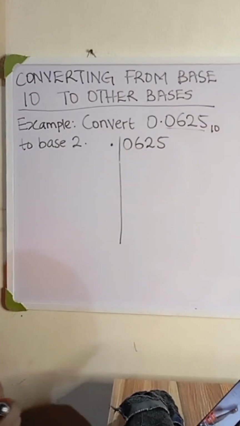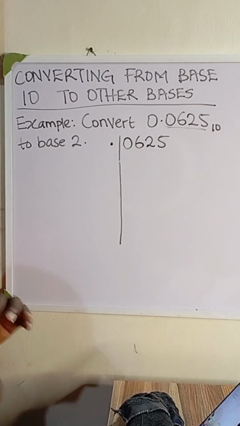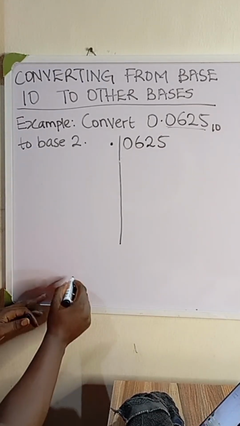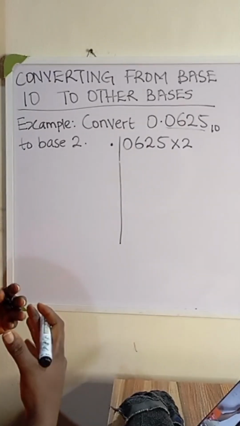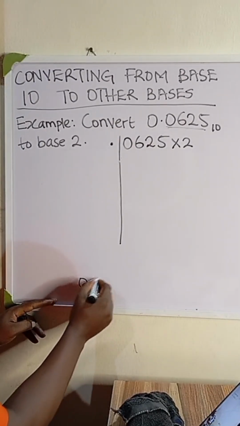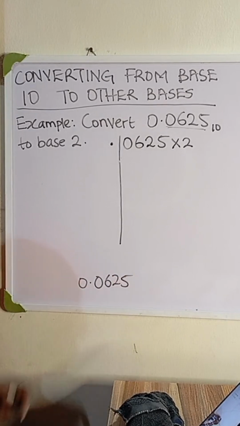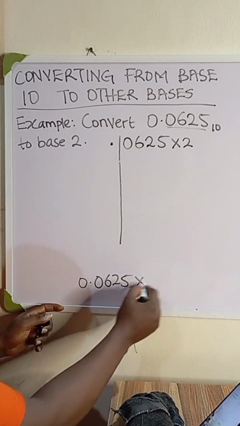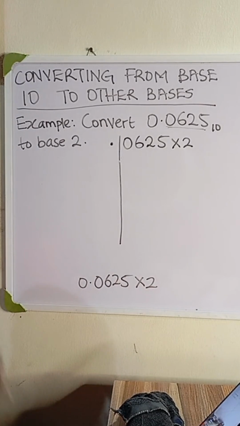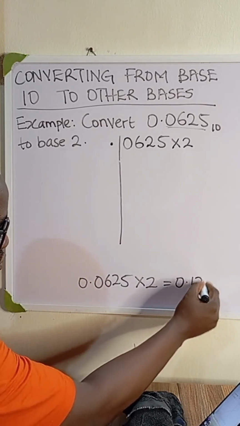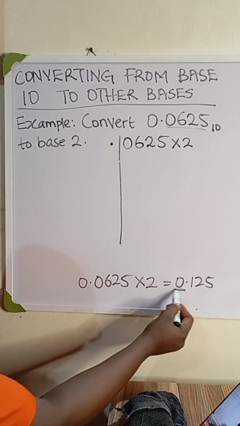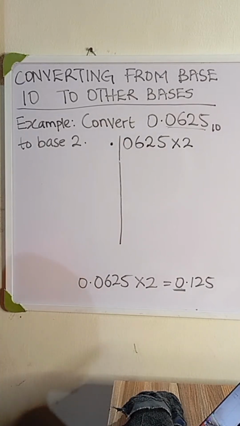0.0625 multiplied by 2, what are you going to get? Instead of dividing by 2, we are multiplying by 2. Can someone do the multiplication and tell me? 0.125. Okay, so do we have any whole number?